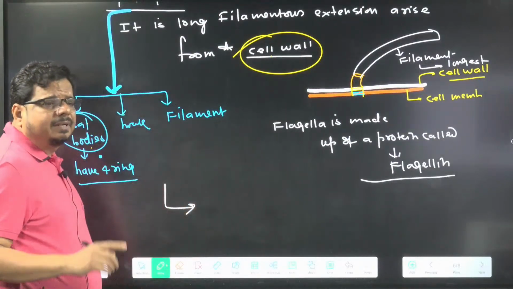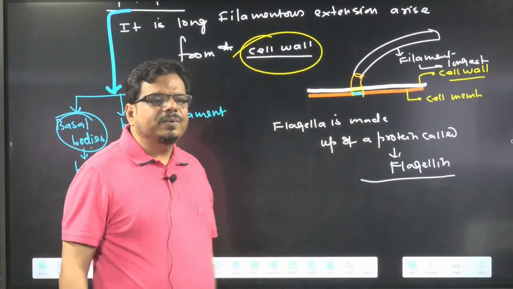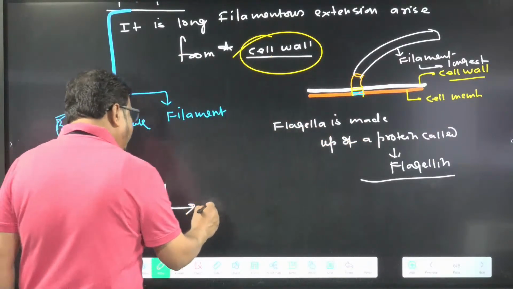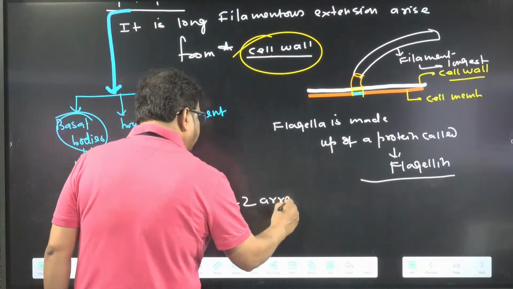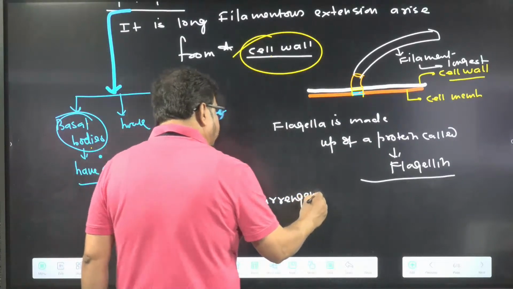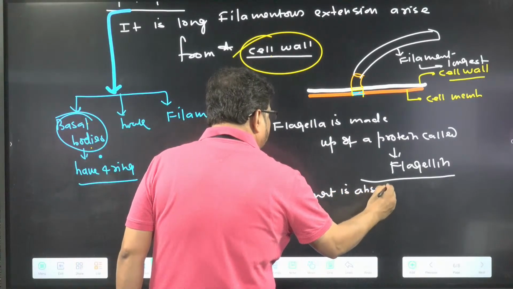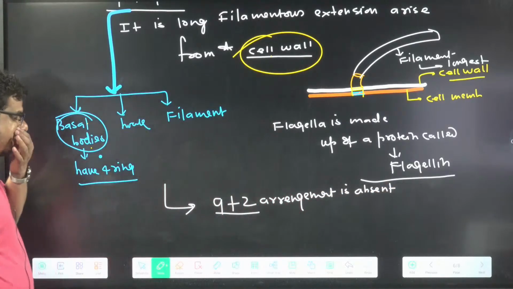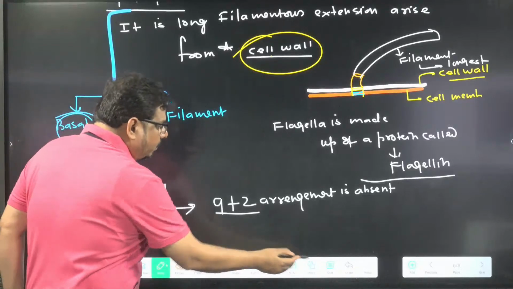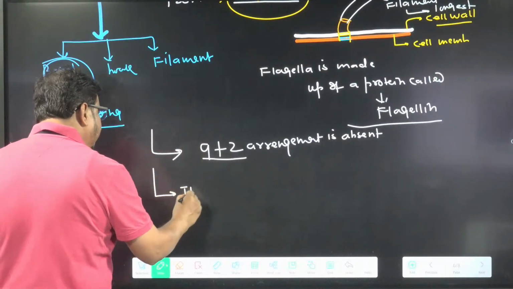Eukaryotic flagella is made up of tubulin protein. Prokaryotic flagella is made up of flagellin protein. In prokaryotic flagella, the 9+2 arrangement is absent. What is the 9+2 arrangement? I will tell you in the eukaryotic flagella. That arrangement is absent in which one? Prokaryotic flagella. So you can say it is unistriated.